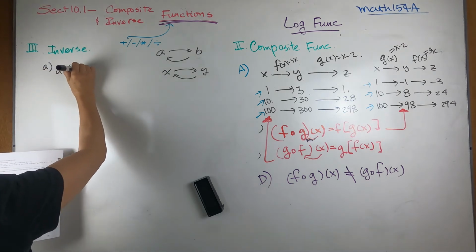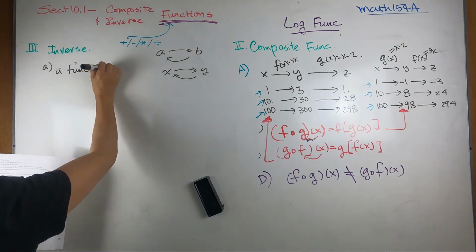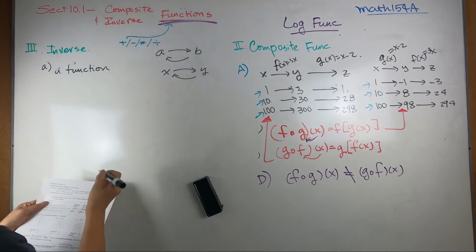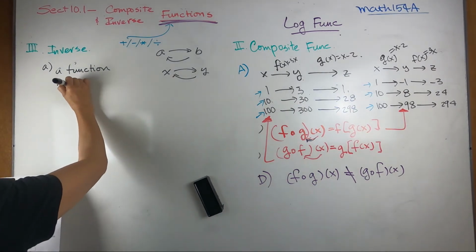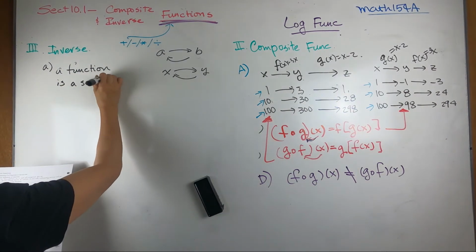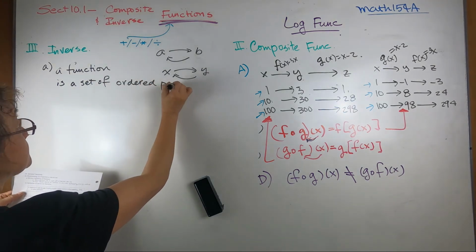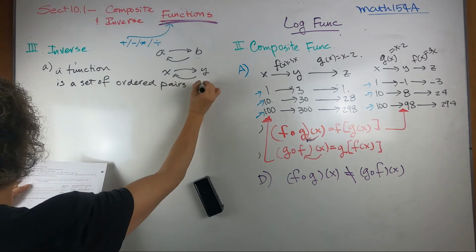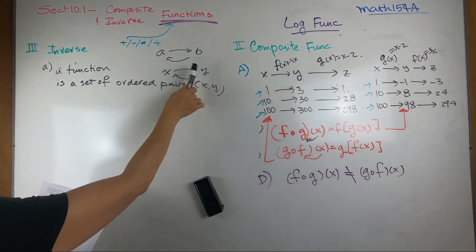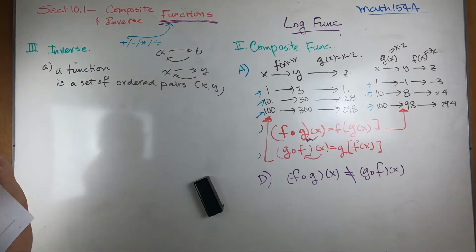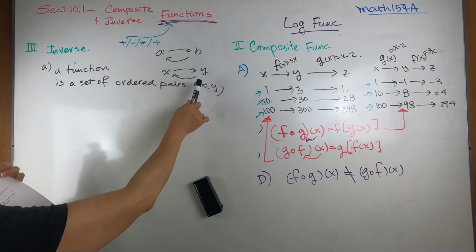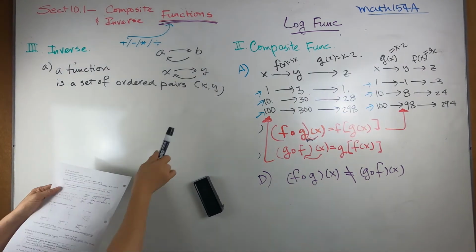A function is what? Formally we say, we keep repeating this, it's a set of ordered pairs x, y, because they always go together from point A to point B. Then you go back, ordered pairs.